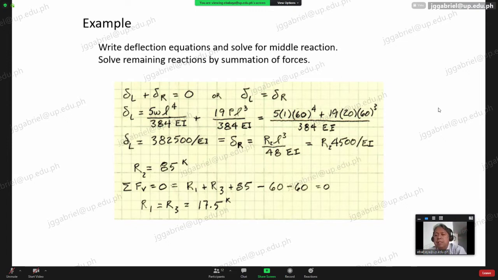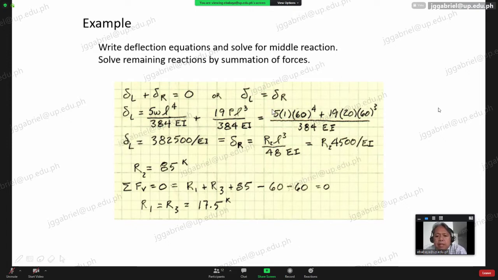So you will notice that aside from determining the unknowns by the equations of static equilibrium, we have equations of deflections to solve for the redundant, in this case, redundant supports or redundant reactions. If we compute for this, we'll get this, and eventually delta L.